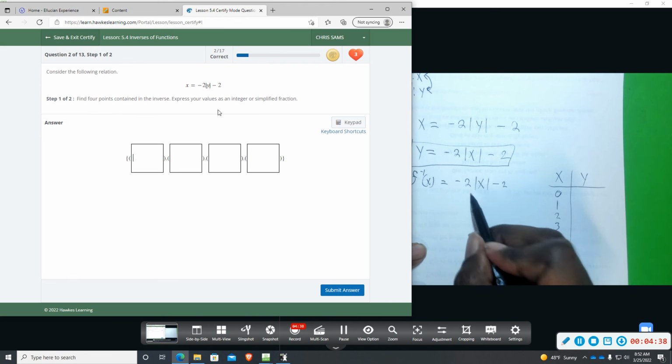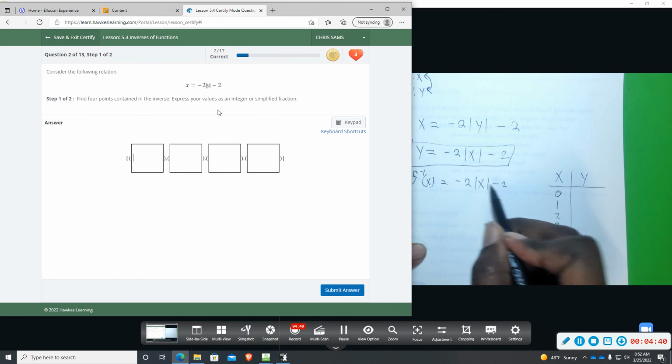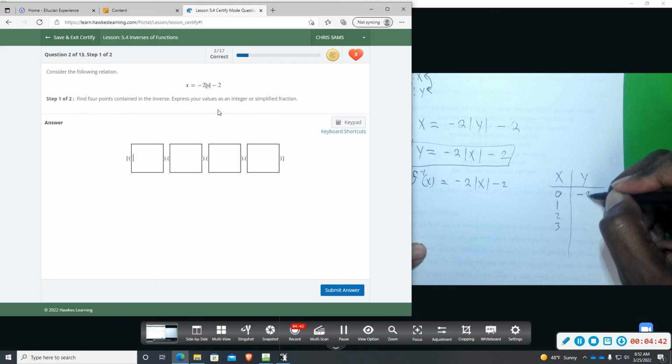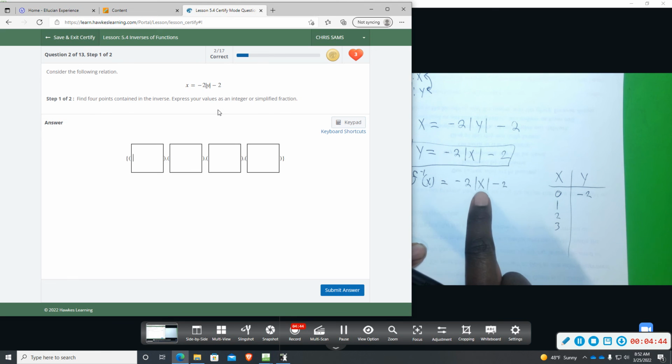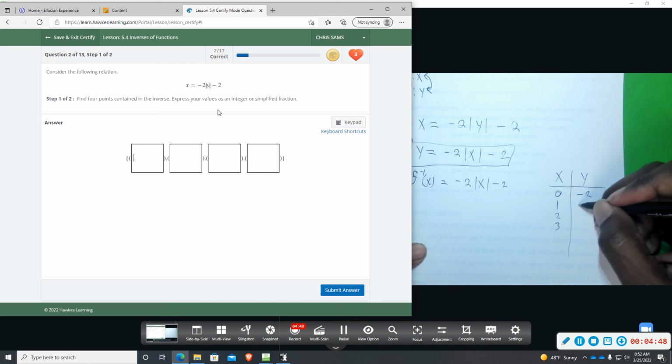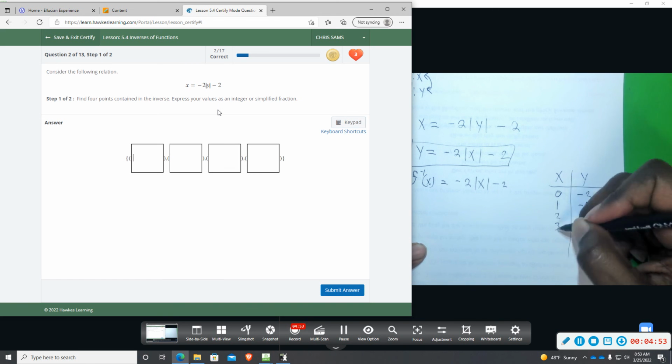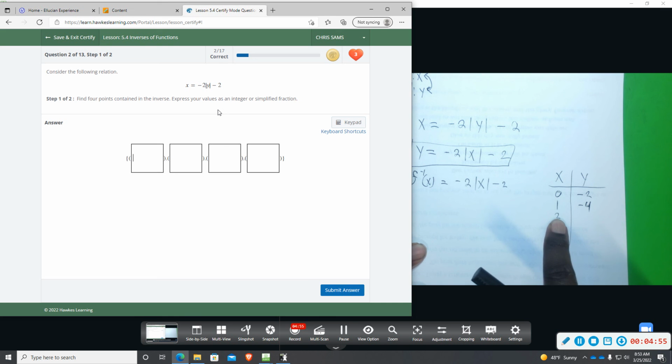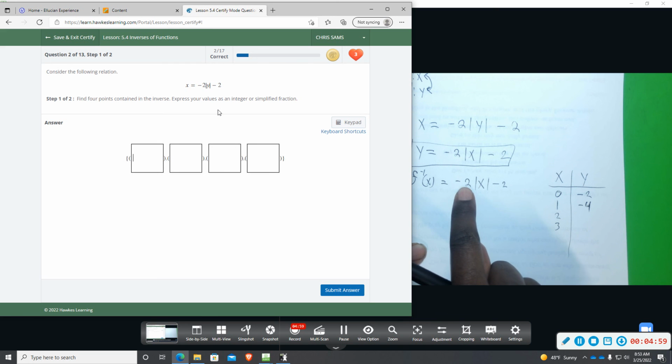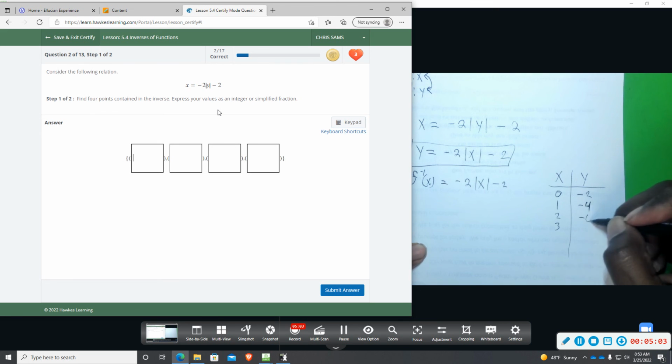If I plug in a 0, 0 times anything is 0, minus 2 gives me a negative 2. Plug in a 1, 1 times negative 2, minus 2, gives me a negative 4. It looks like we're counting by 2's each time I go down based on the numbers I picked. So if I plug in a 2, I'm expecting to get a negative 6. 2 times negative 2 is a negative 4. Negative 4 minus 2, negative 6. And so my last number should be a negative 8.